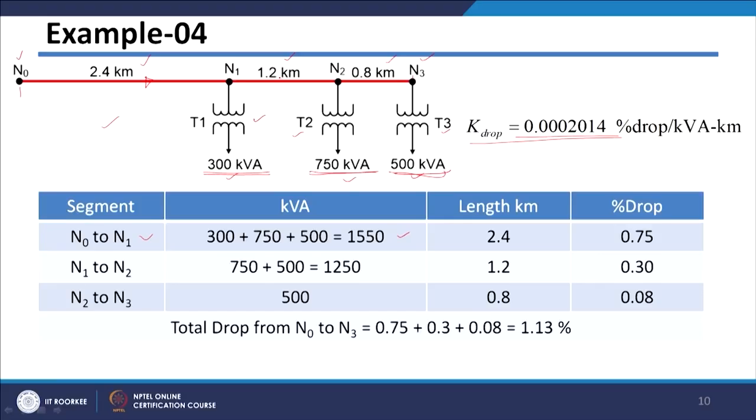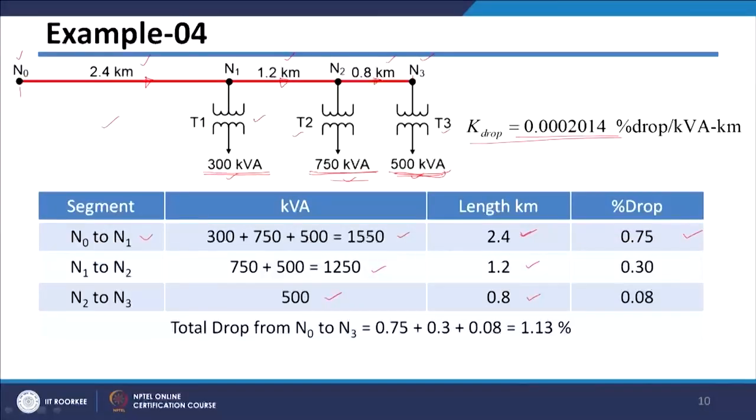Then the power flowing from N1 to N2 will be the addition of these 2 loads, that is 750 and 500 kVA, which will be 1250 kVA. In the third feeder section, the only load flowing is 500 kVA. So, this gives us the loadings of the 3 different feeder sections. The length of the first feeder section is 2.4, the second is 1.2 and the third is 0.8.